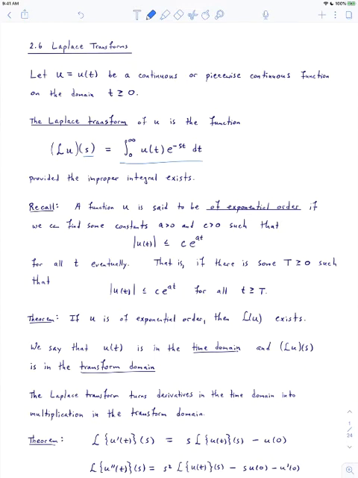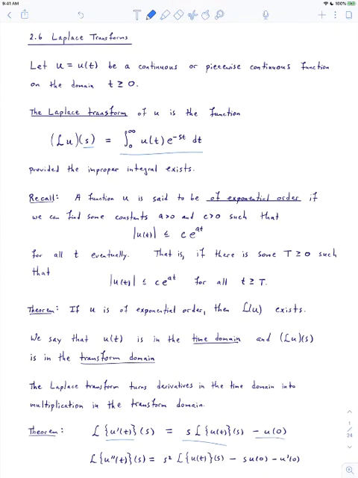So the Laplace transform of the first derivative of u is equal to s times the Laplace transform of u minus u at 0. And the Laplace transform of the second derivative is s squared times the Laplace transform of u minus s times u at 0 minus u prime at 0.